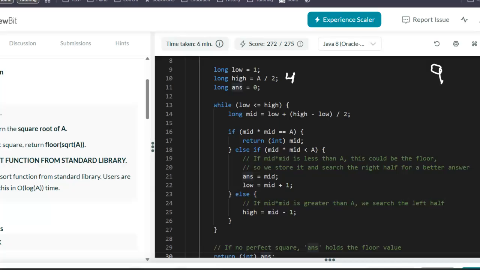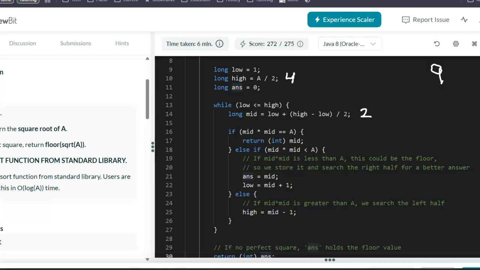Yes, so mid equals low plus high minus low. High minus low is 3, over 2 is 1. And add low, so mid is going to be 2. All right, mid times mid. Does mid times mid equal 9? Does 2 times 2 equal 9?